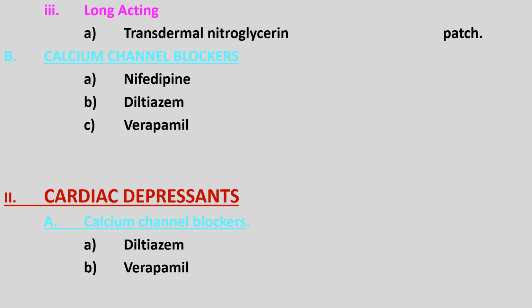Under the long acting, we have transdermal patches, as you know. Now coming back to the calcium channel blockers, we have three drugs mainly: nifedipine, diltiazem, and verapamil. Again, as we have told, under cardiac depressants come calcium channel blockers as well, so the name remains the same.